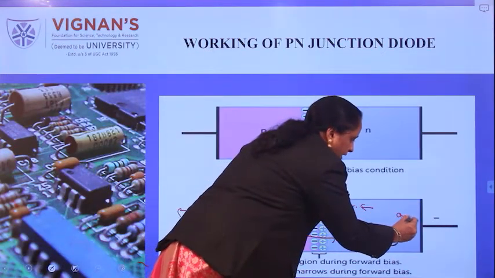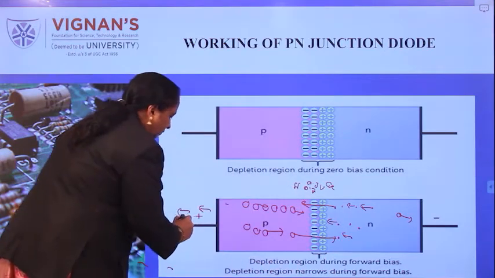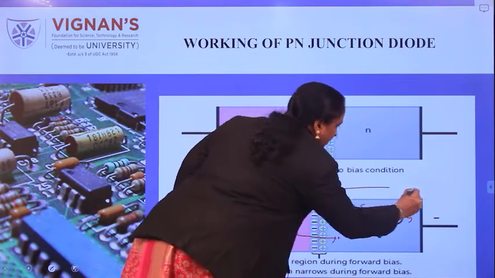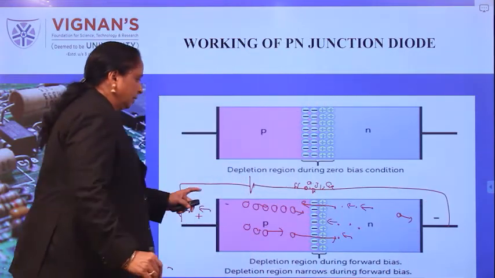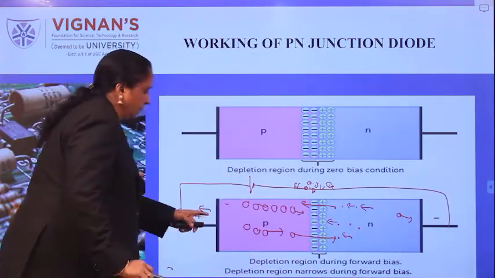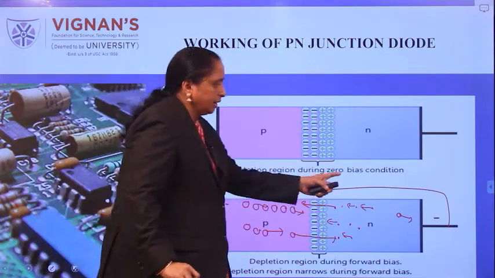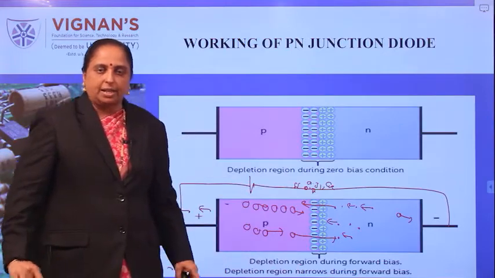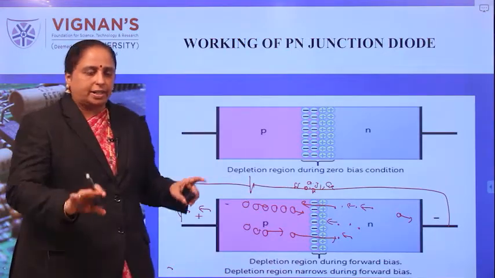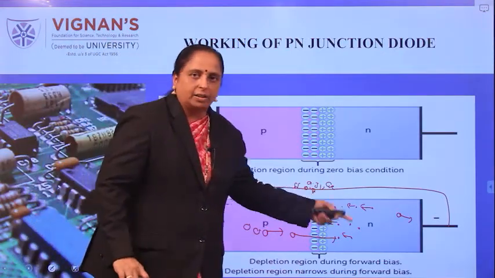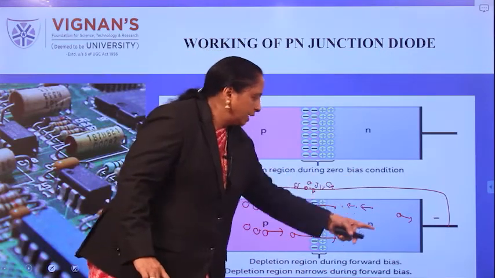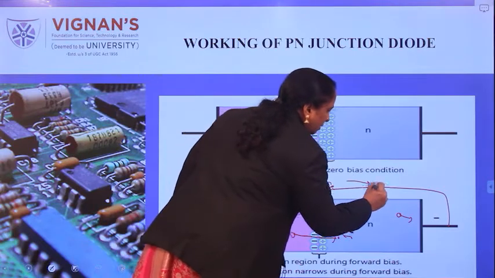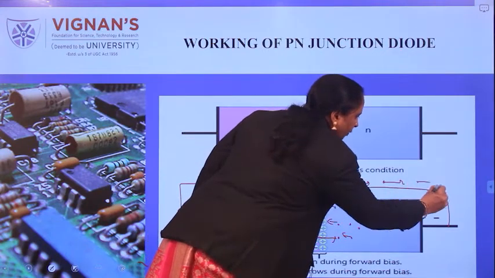The electrons will circulate like this. The moment they come to this side, the holes coming in the opposite direction get neutralized. So continuously there is charge carrier generation, and finally the current in the external wires is flowing like this.